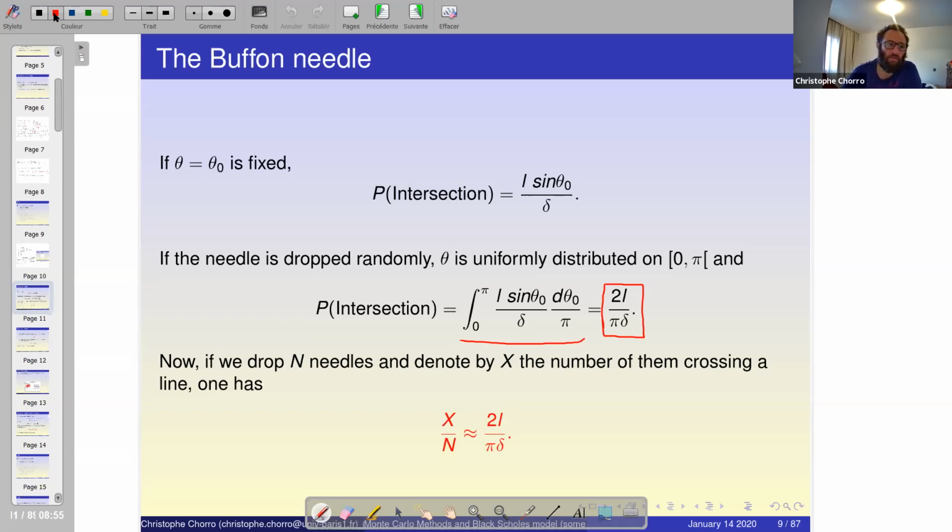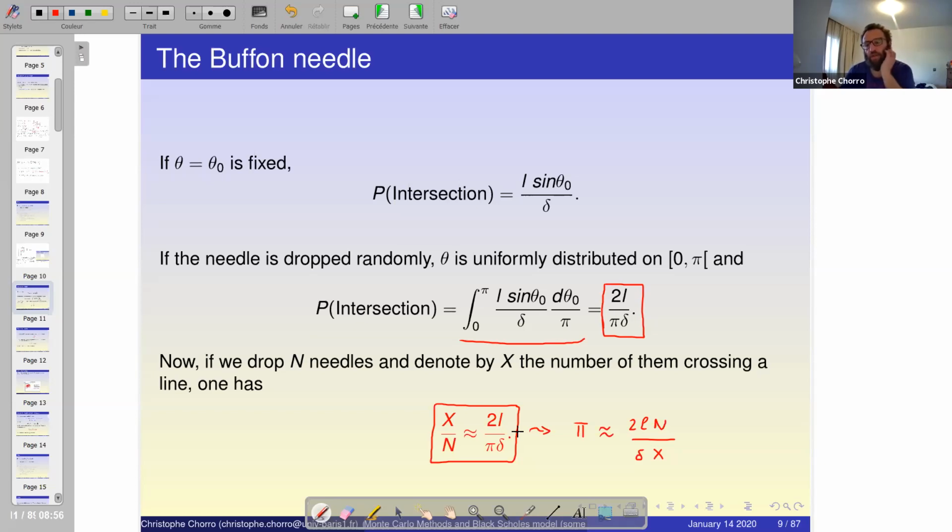And why is this formula interesting? Because I can transform it a little in order to obtain that pi is approximated by 2LN over delta X. With this methodology, from an empirical experiment that is to drop needles on the floor, if you control the parameters of the problem, you have a way to approximate the number pi.